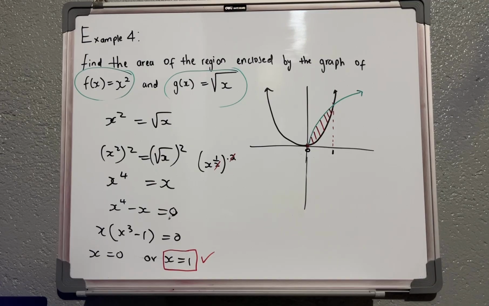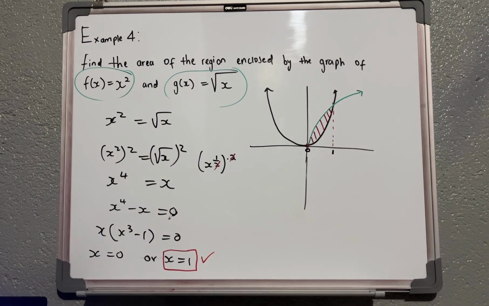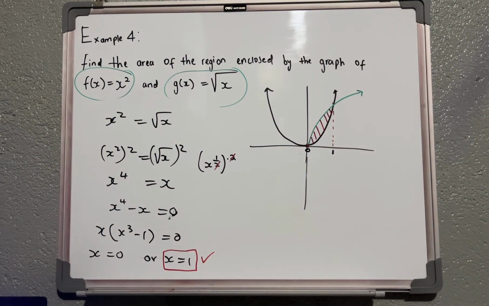So now you have to determine which graph is going to be at the top. I get students who will say, between this graph and this graph, which one becomes the top one when we're writing the formula? Because you would find that they've written f of x minus g of x, and they don't know why they do that instead of g of x minus f of x.